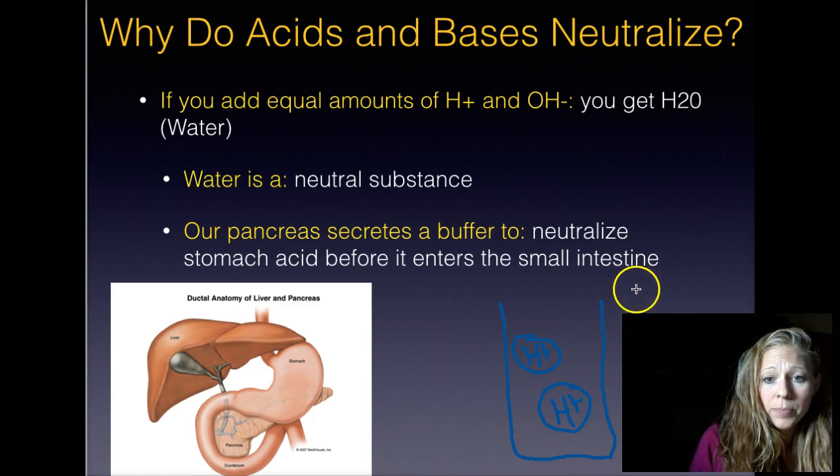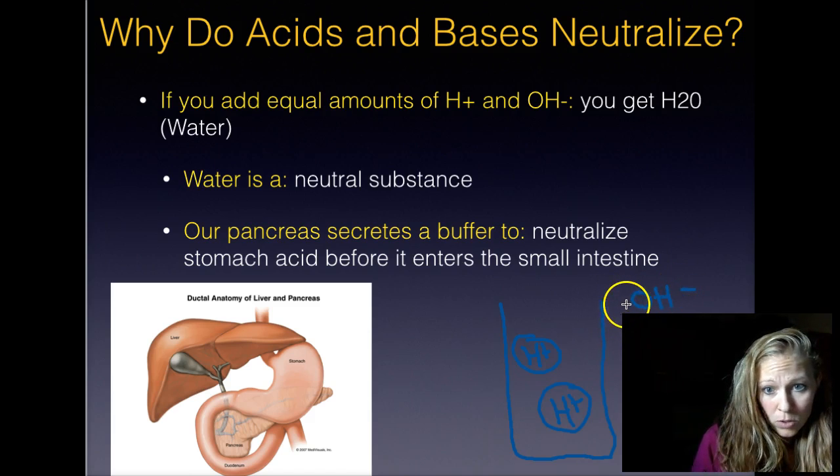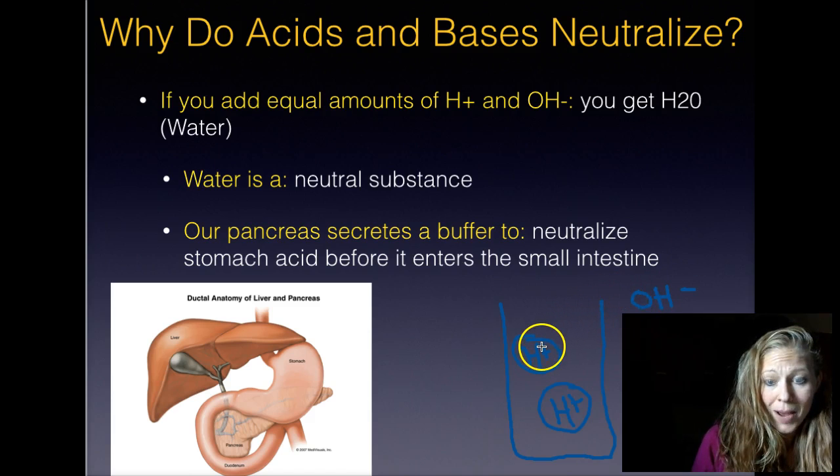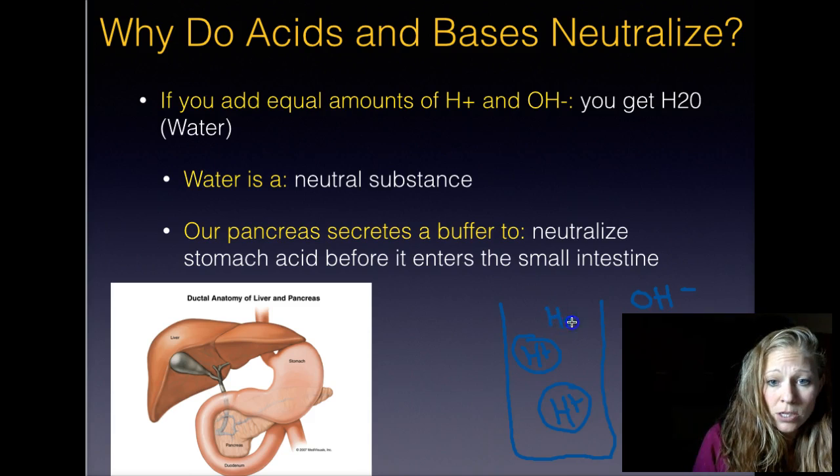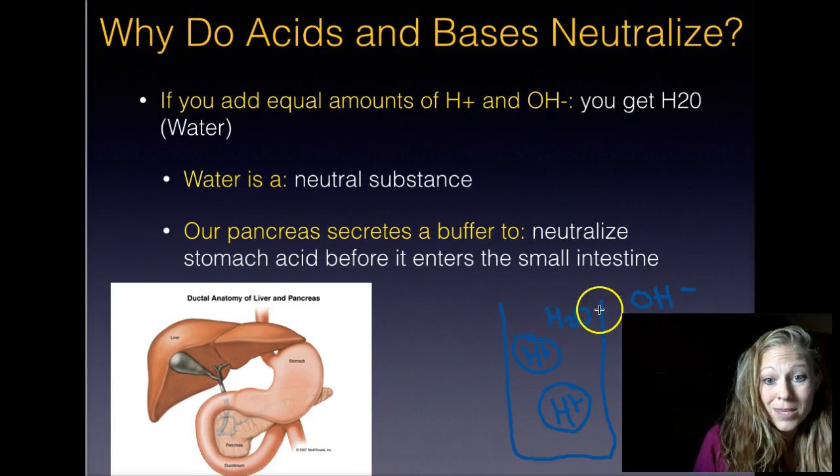If we were to put a base, if we were to put OH minus in here, we would have combined OH minus and H plus, which would make H2O. This is water, which is a neutral solution. So when you combine an acid and a base, you're making water, you're making it neutral.